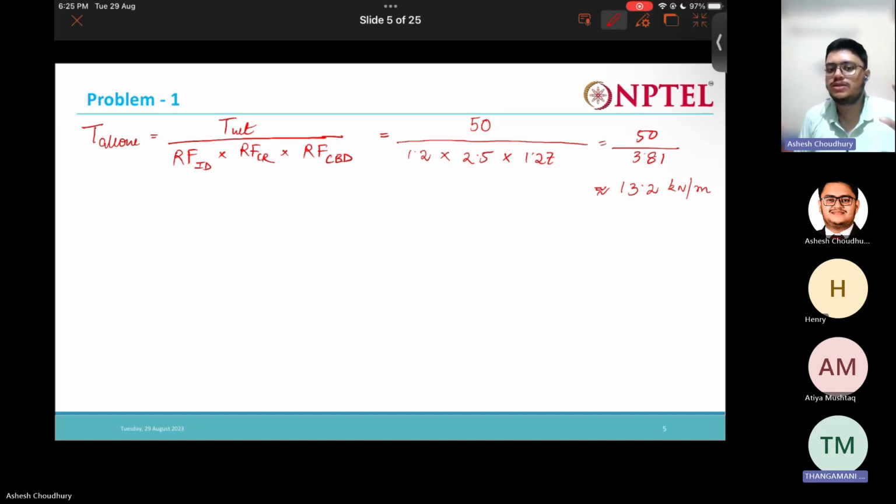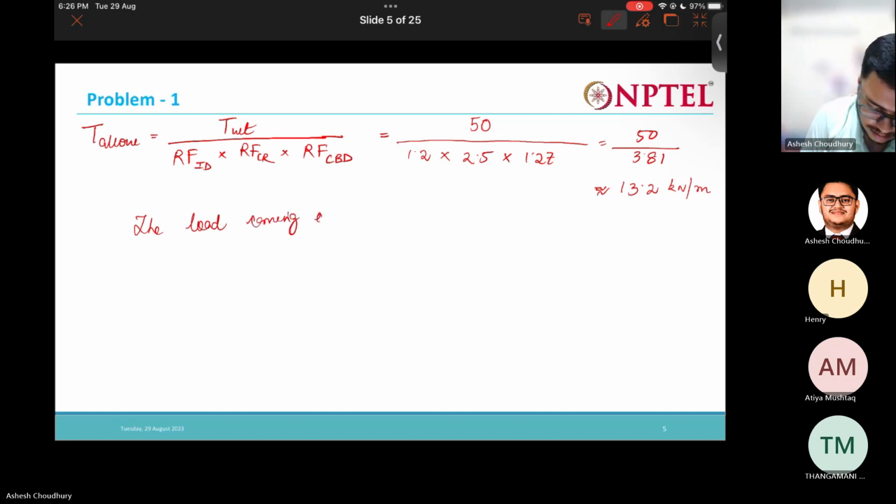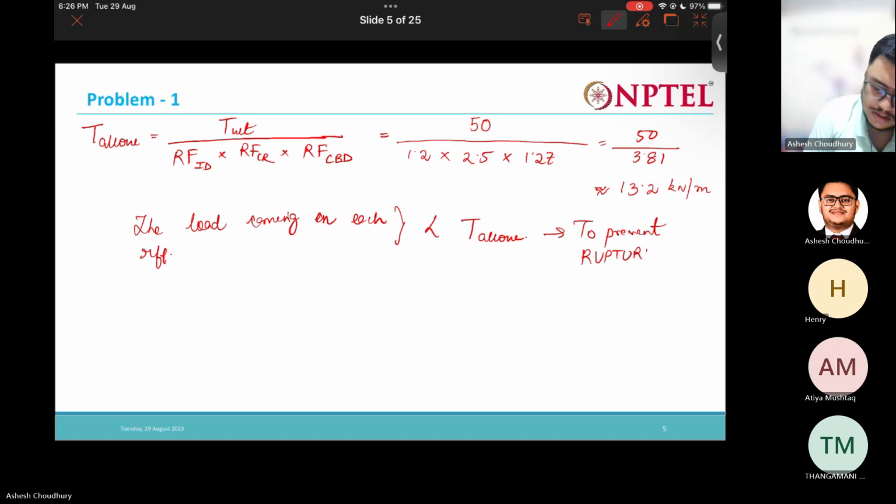And that load coming in each reinforcement should be less than the allowable tensile strength to prevent rupture of the reinforcement, isn't it?